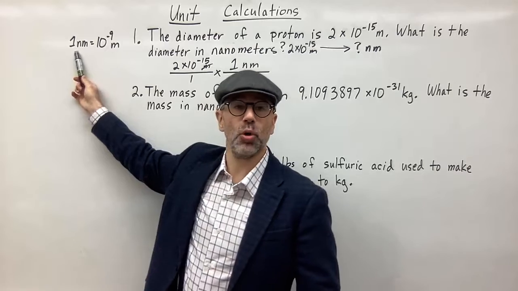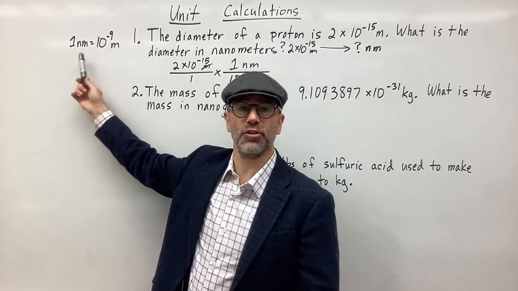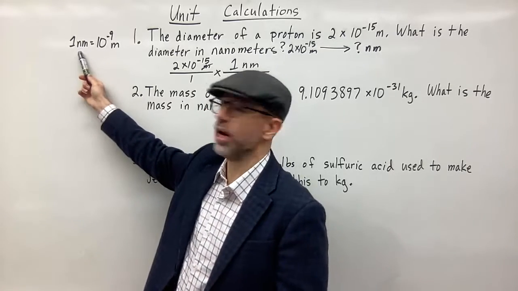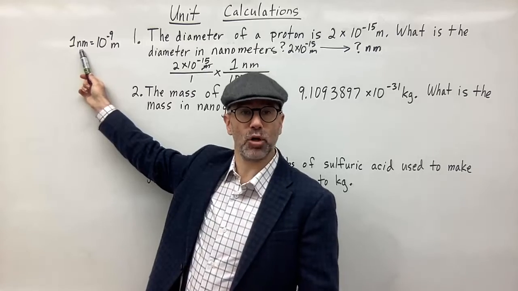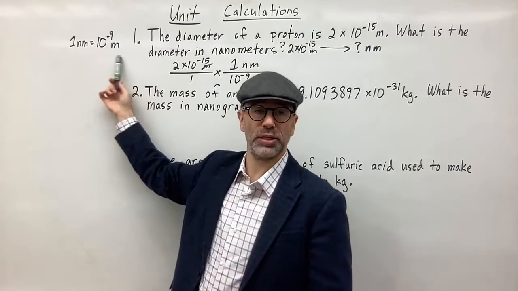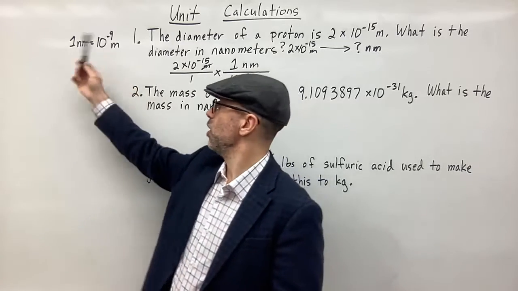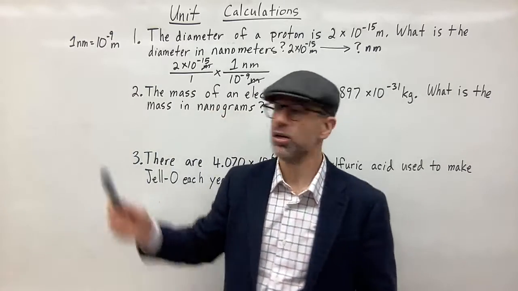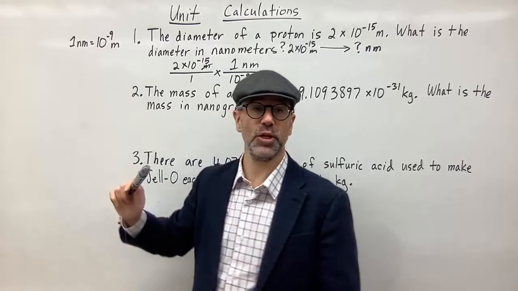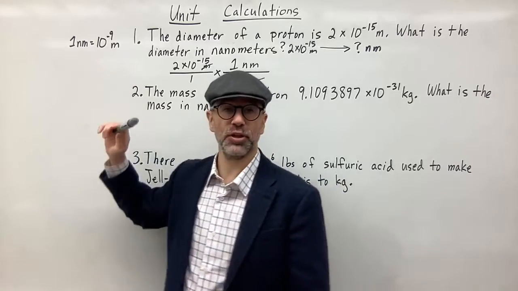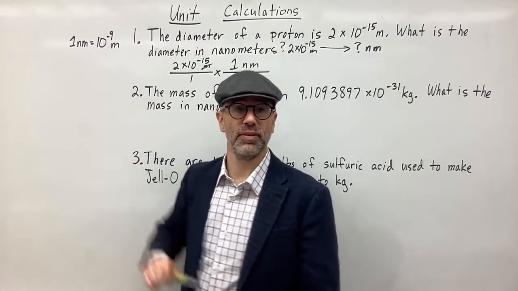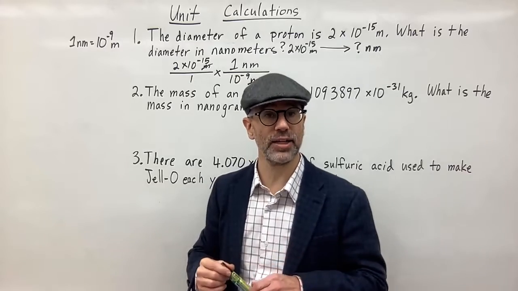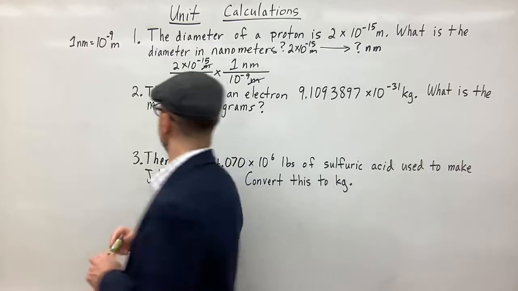I always put the 1 with the prefix unit, and then whatever the prefix multiplier is, I put that always with the base unit. So 1 nanometer, nano is 10 to the negative 9. So I put 10 to the negative 9 with the base unit. The 1 goes with the prefix unit. So that I know I set up correctly when I set it up that way.